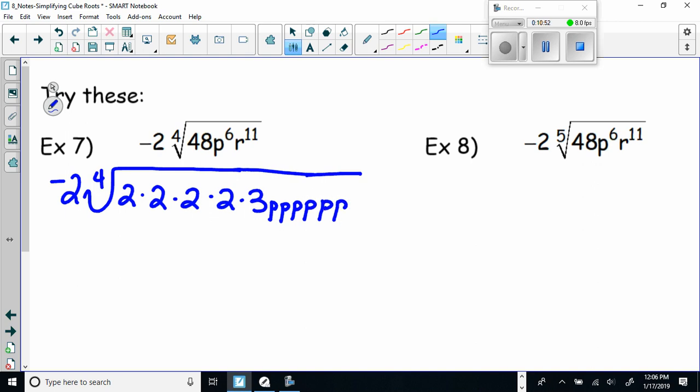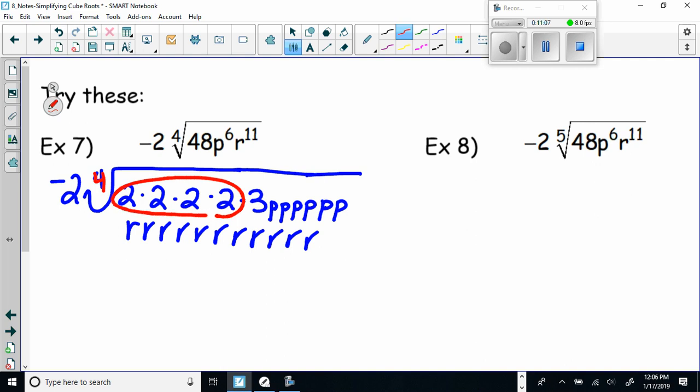So I've got 6 p's, 1, 2, 3, 4, 5, 6. And I've got 11 r's, 1, 2, 3, 4, 5, 6, 7, 8, 9, 10, 11. Now I'm looking for, my index says, 4 of a kind. So I have 4 of those. I have 4 of those. I have 4 of those.